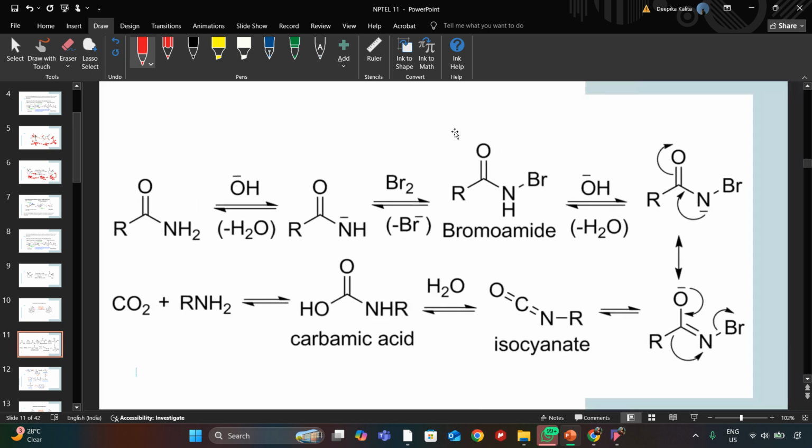So, if an amide is treated under Hoffman rearrangement reaction conditions, the base is going to extract a proton from the amide to give us a negative charge centered on the nitrogen atom.